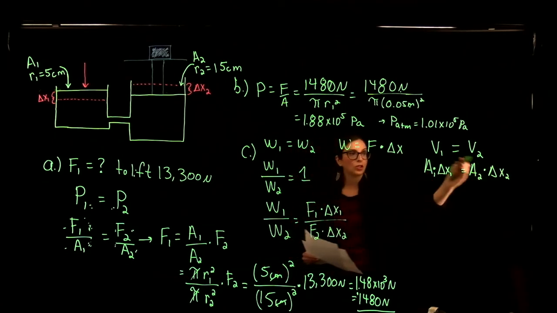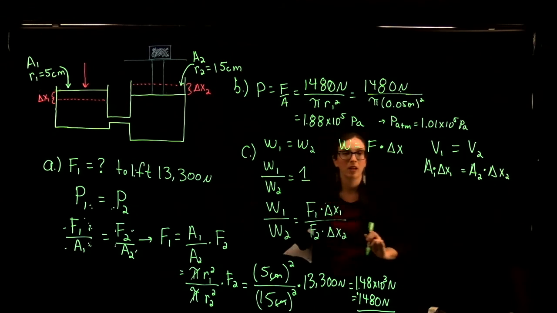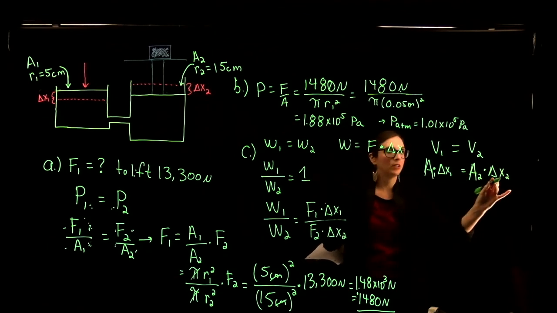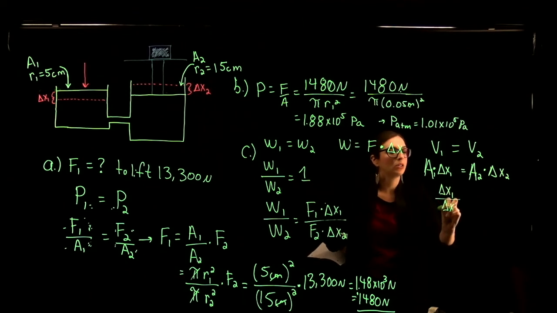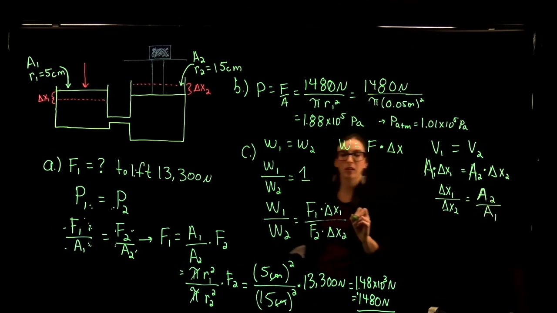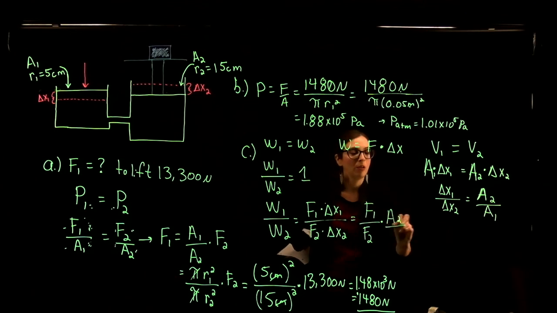So from this expression, I can derive an expression that relates delta X1 to delta X2. So if I solve this over here for delta X1 over delta X2, I find that delta X1 over delta X2 equals A2 over A1. So this is equal to F1 over F2 times A2 over A1. Okay?